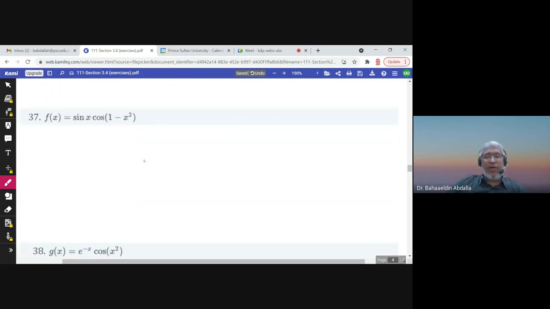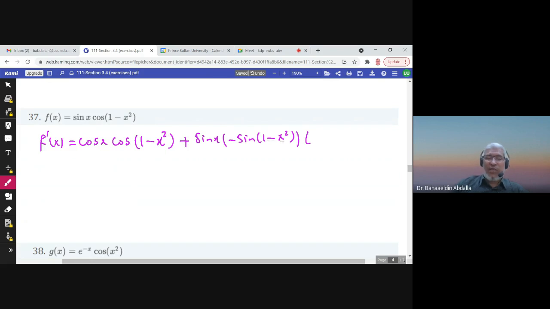Here I have the product sine x times cosine of 1 minus x squared. So f prime of x would be the derivative of sine, which is cosine x, times cosine 1 minus x squared, plus sine x times the derivative of cosine, which is negative sine 1 minus x squared, times the derivative of the inner function 1 minus x squared, which is minus 2x.